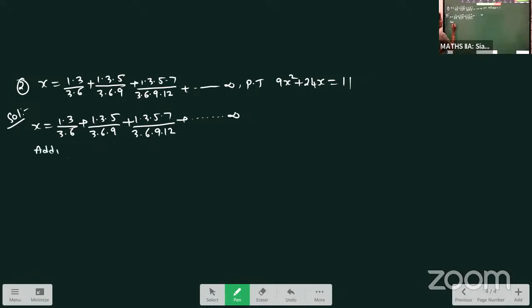Adding both sides by, first term is 1. Next term, how to identify? Close the last term here. So what is left? 1 by 3. So adding both sides by 1 plus 1 by 3.